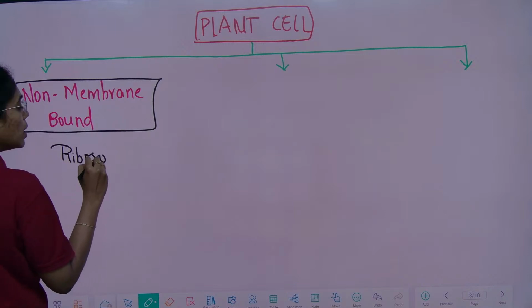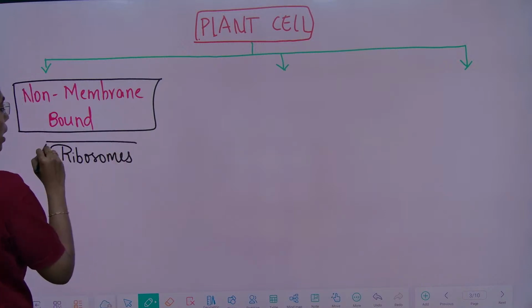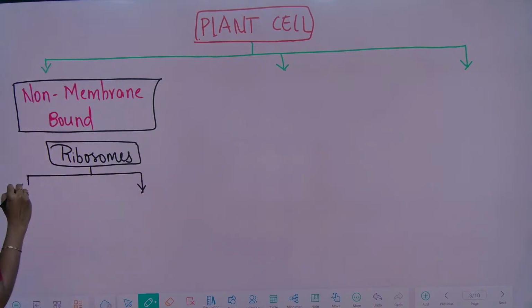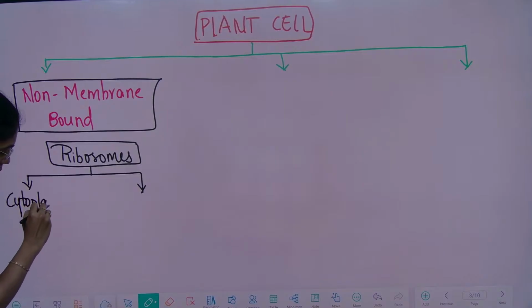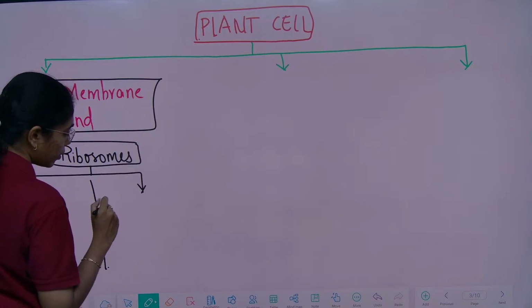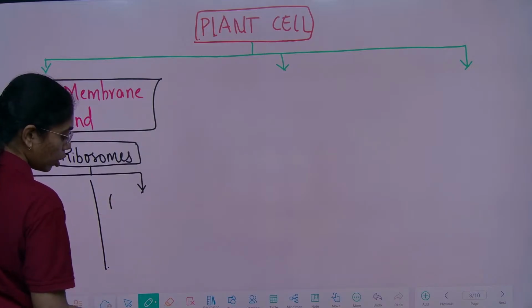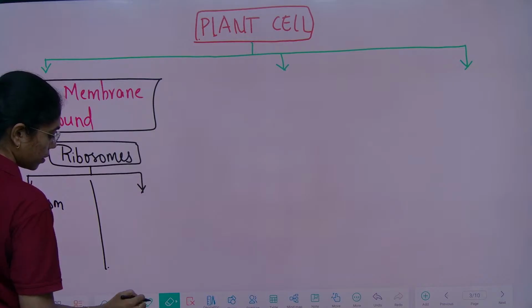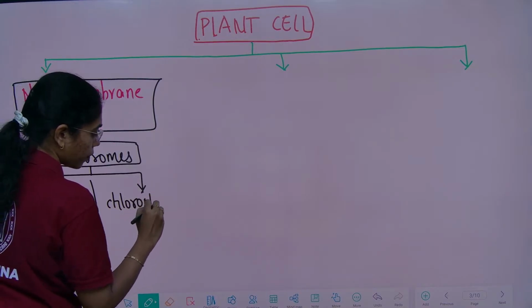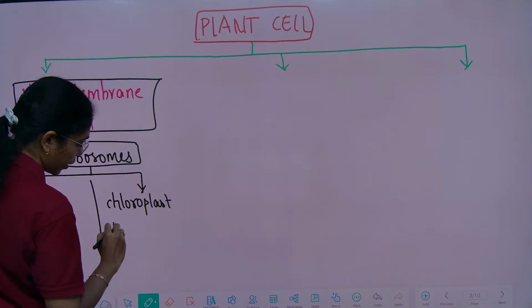Where do you see these ribosomes in a plant cell? Ribosomes are present in the cytoplasm of a plant cell, and inside organelles like chloroplast and mitochondria.